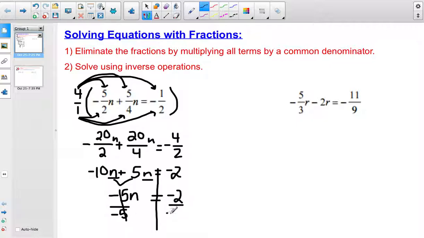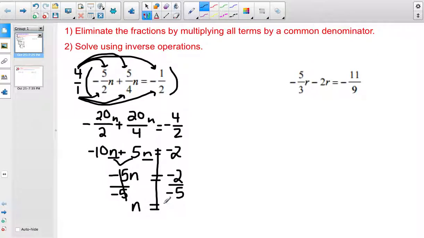So I'm going to divide both sides by negative 5. I now have n equals, and my answer is basically negative 2 over negative 5. Since a negative divided by a negative equals a positive, my final answer will just be 2/5. And I could leave it like that. It is okay to have a fraction as an answer.